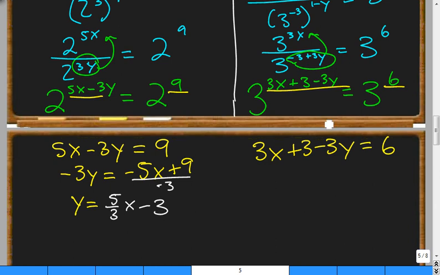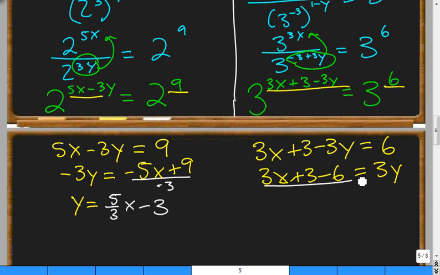So we're going to do the same thing on this side, except I'm going to move the 3y over and move the 6 over. You can get that 3x plus 3 minus 6 equals 3y when we move everything over. And so then I'm going to divide by 3 on both sides.